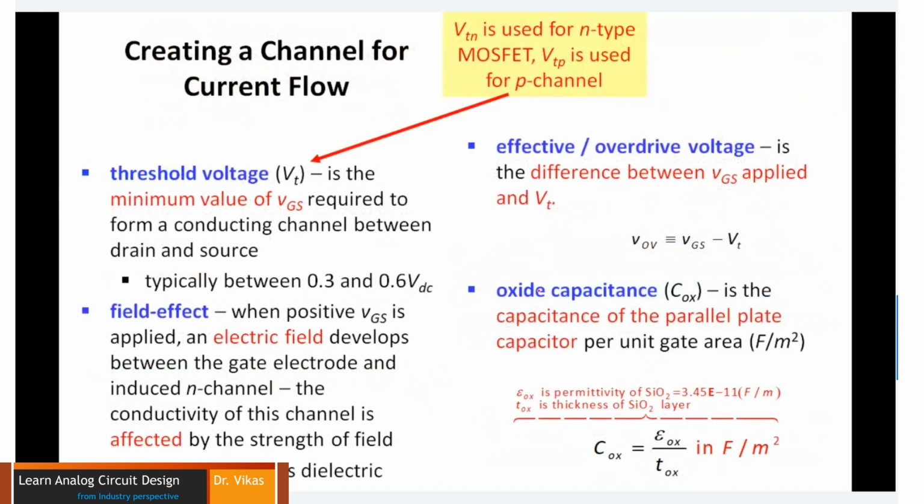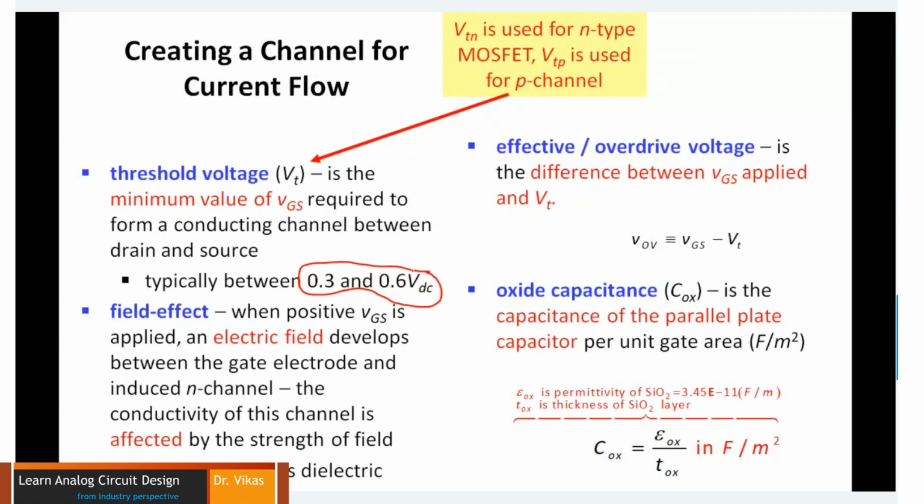Now, certain equations that one has to remember, like the threshold voltage. It is basically the minimum value of VGS required to form a conducting channel between the drain and source. Its typical value would be somewhere around 0.3 to 0.6 times VDD, where VDD indicates my supply.